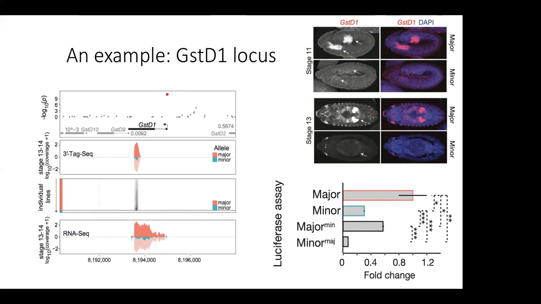What we see here is a Manhattan plot where we have a single, very specific eQTL that is highly associated with the variation in gene expression. And this is, as Nacho mentioned, a huge potential of the Drosophila system, which allows us to pinpoint, in 50% of the cases, a single base pair, a single variant that is affecting variation in gene expression.